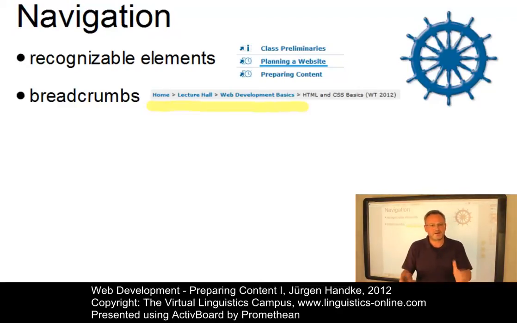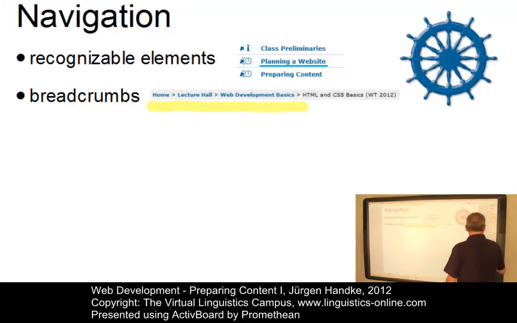Here, the path the user has taken up to this point is shown with the additional possibility to return to previously visited pages. Furthermore, the user will be able to see how deep into the site structure he or she has already advanced. A disadvantage is the fact that similar levels of hierarchy are not reachable through this kind of navigation.